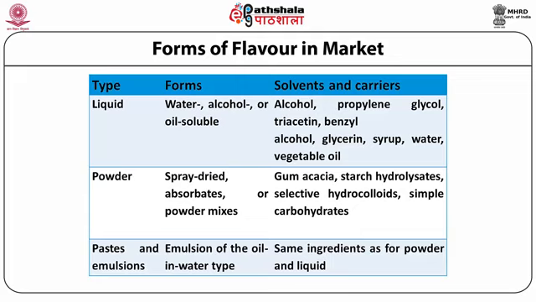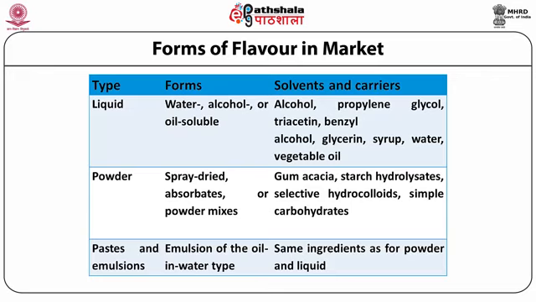Liquid form again in water, or if it is not soluble in water, may be in alcohol or it is oil soluble, wherein the solvents used may be alcohol, propylene glycol, triacetin, benzyl alcohol, glycerin, syrup, water, vegetable oil, etc. For powders, they may be spray dried, absorbents or maybe powder mixes, where the solvents or carriers, I should say, used are gum acacia, starch hydrolysates, selective hydrocolloids, simple carbohydrates.